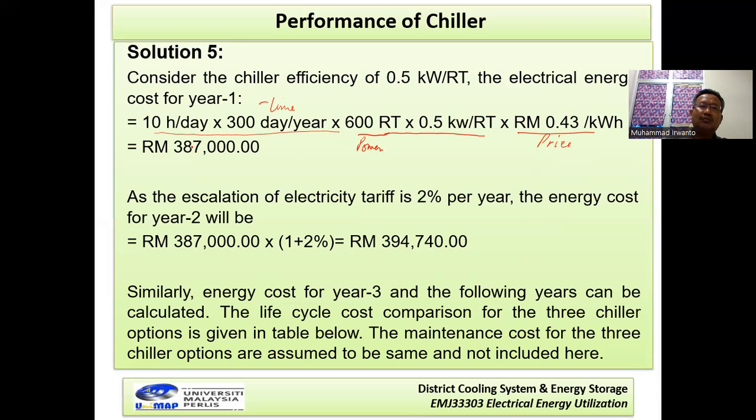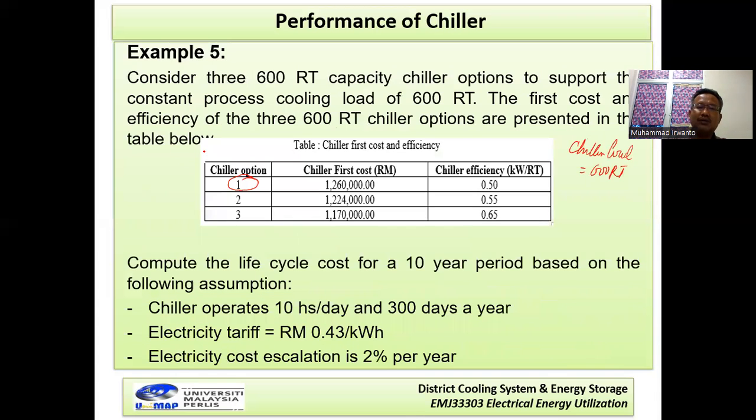Now for year 1 we obtain 387,000 RM per year, based on this formula.